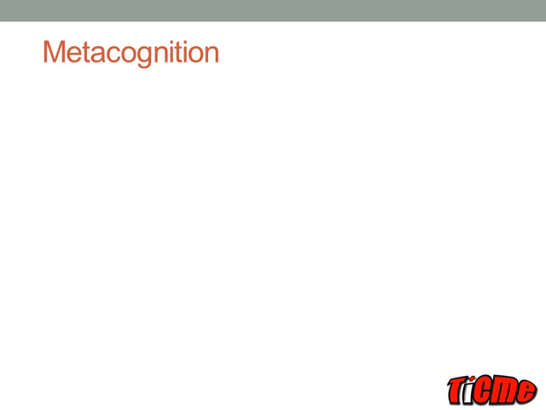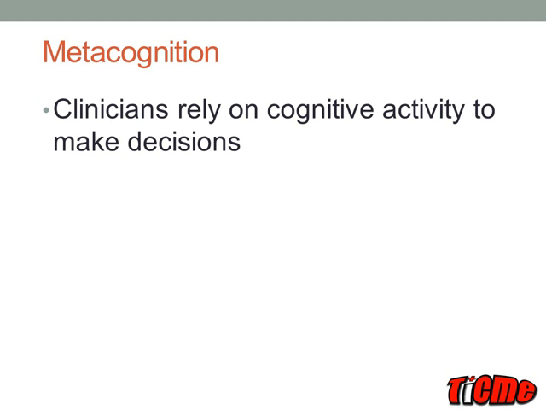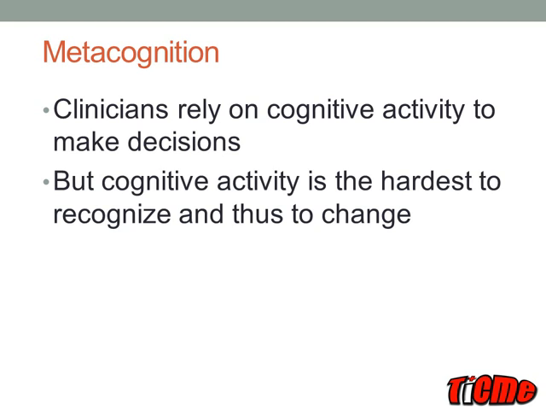So, metacognition. Clinicians rely on their cognitive activity to make decisions. We've talked about that in lots of detail. But as we've said, this cognitive activity is difficult to recognize and therefore to change.